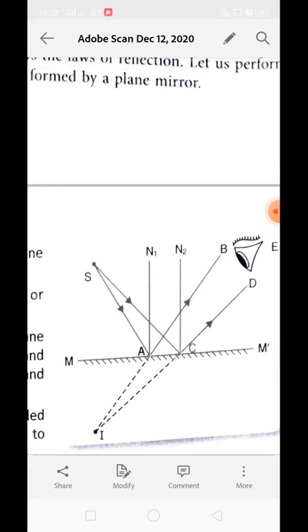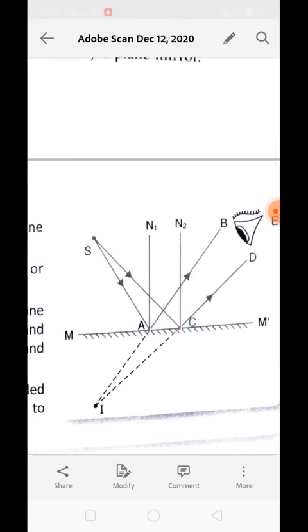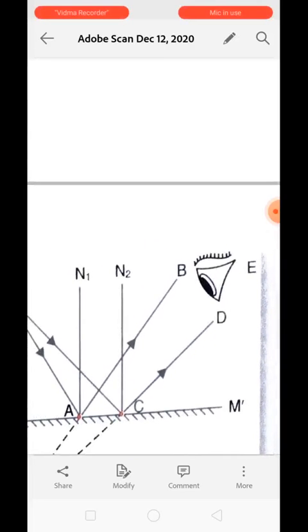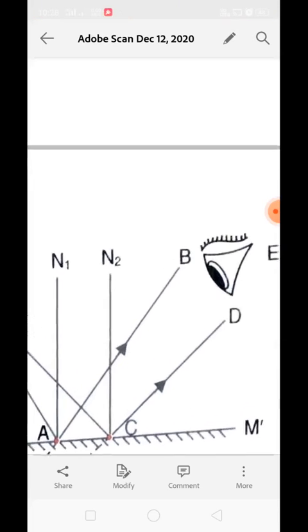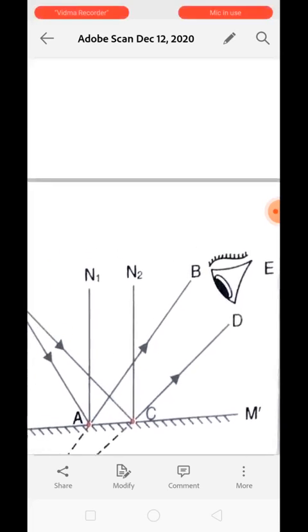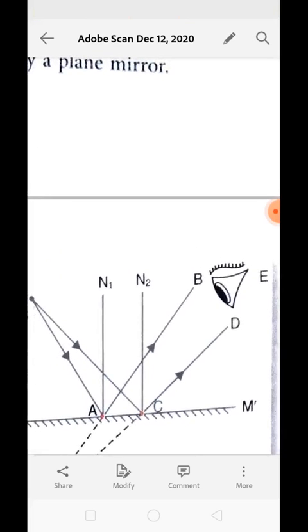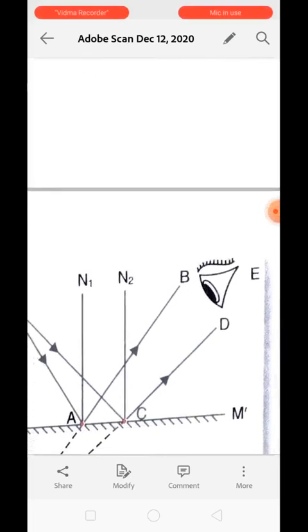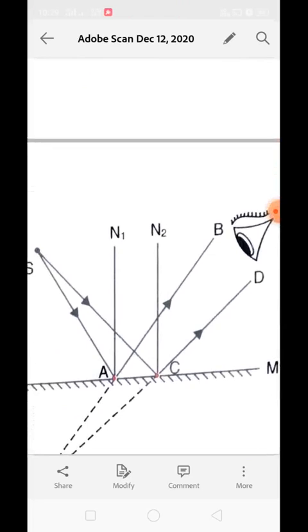Now what happened? The rays falling on the surface are perceived by the human eye, but we know that humans are not able to perceive bent light. They can only perceive straight light. As the person is seeing the object with the help of the mirror, just draw plain straight lines from the rays AB and CD.